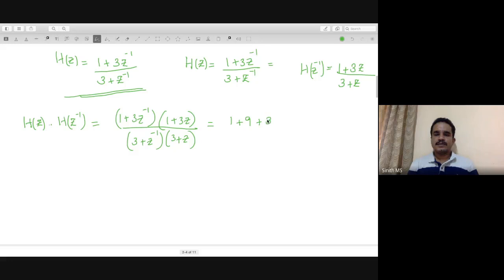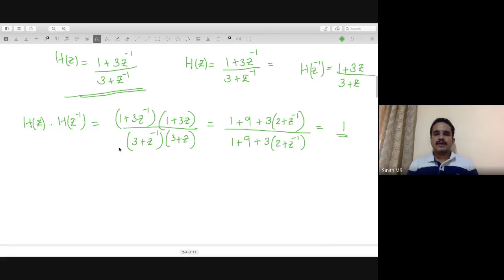So you can write this as 3 into z plus z inverse. In the denominator you have 9 plus 1, or 1 plus 9 plus 3z inverse plus 3z, that is 3 into z plus z inverse. So clearly you can see that this is 1.